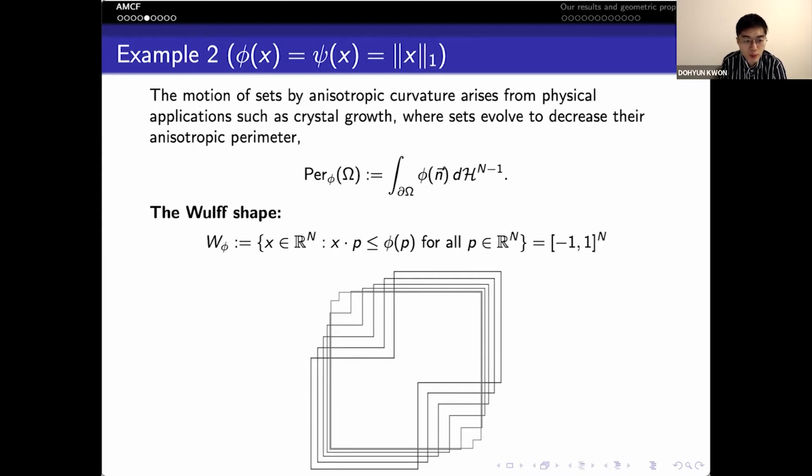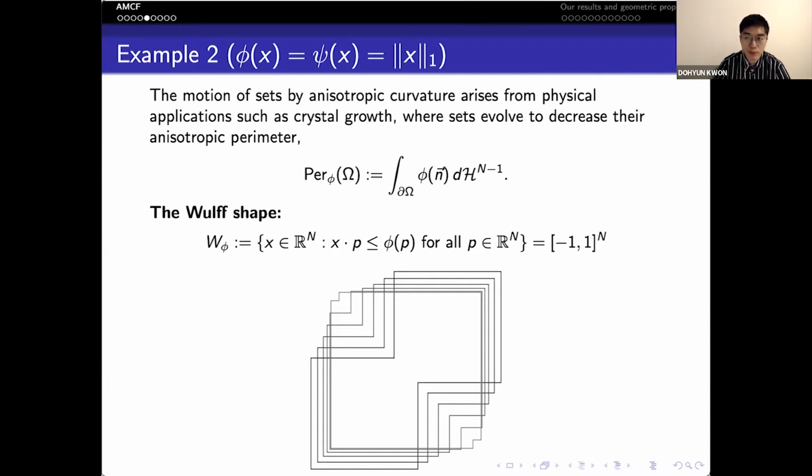In this case, one can see that the minimizer of this perimeter functional is a rescaling of the so-called Wulff shape. In this particular case, if phi of x is the L1 norm, then this Wulff shape is exactly a square, an n-dimensional cube. So in this figure, you see that if the initial shape is the union of two squares, then it will converge to a square.